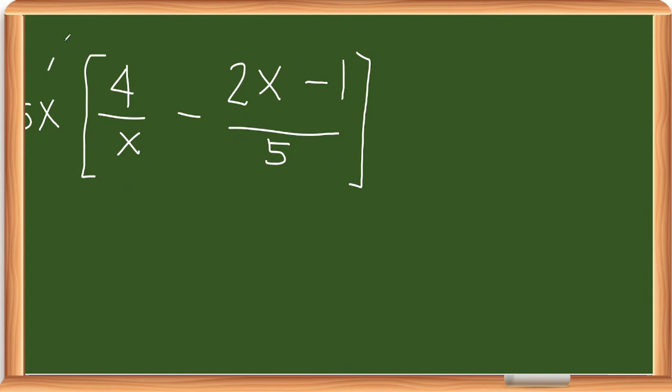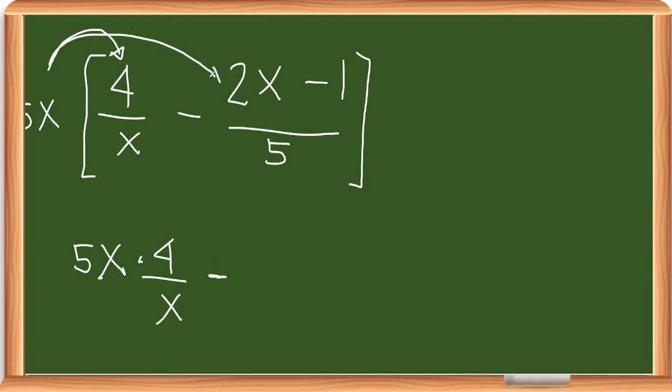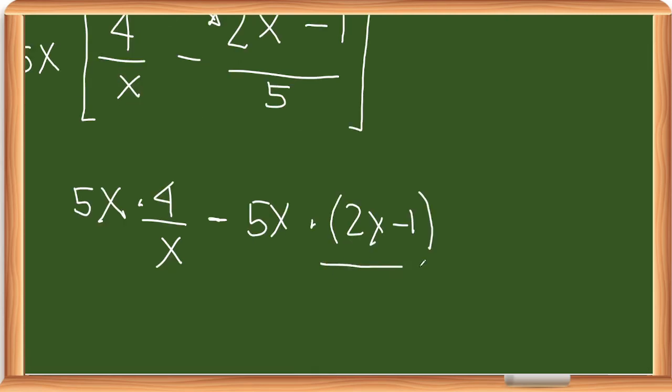Starting with 5x times the first term, which is 4 over x, so we have 5x times 4 over x, minus, and here you still multiply by 5x, so that's 5x times (2x minus 1). Let's put parentheses because the minus 1 is included. And then over 5.